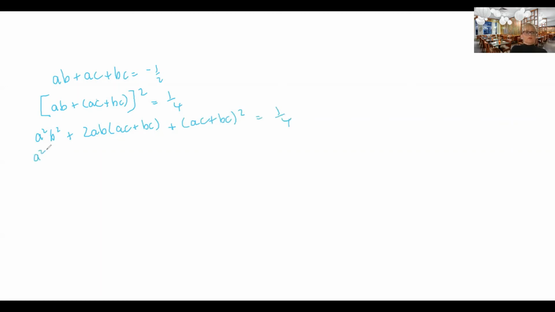Okay, so A squared B squared plus 2A squared BC plus 2AB squared C plus A squared C squared plus 2ABC squared plus B squared C squared equals 1/4.